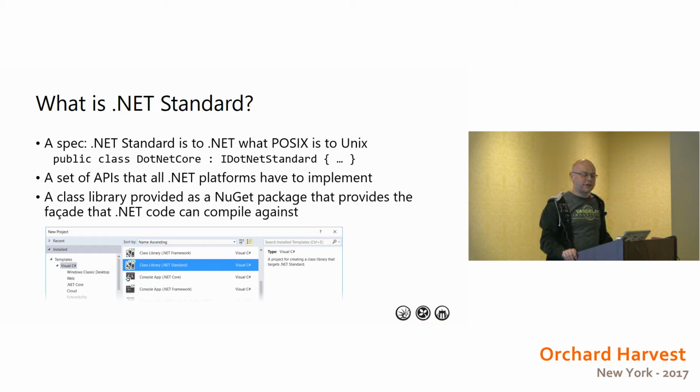So that NuGet package is really mostly something that you use at dev time. Does this make sense? Okay. So yeah, when you look for packages, you can actually find the .NET Standard class libraries in there.